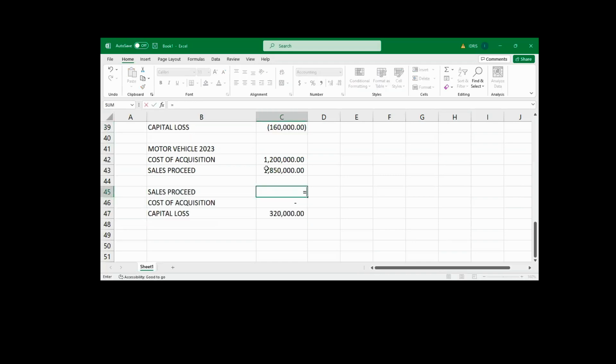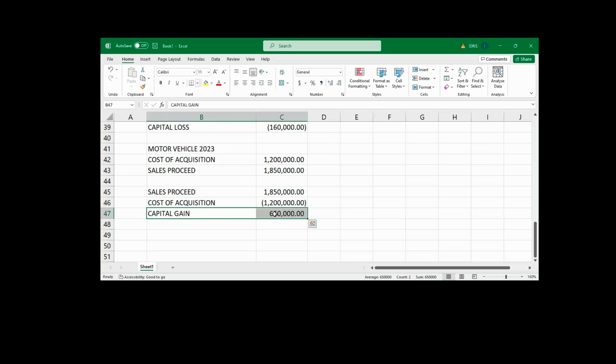You have made a gain of how much? 1.85 minus 1.2 is 650,000. Can you see that?